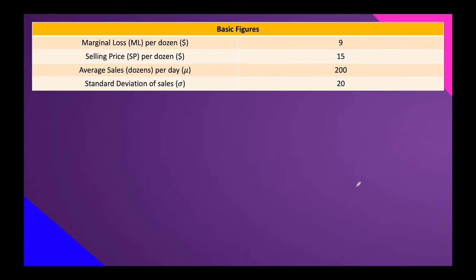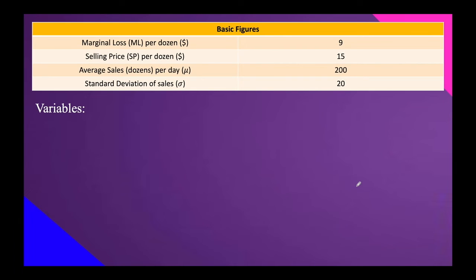Next, we have the standard deviation of the sales represented by the symbol sigma, small sigma. The big sigma kasi is yung parang letter E, no? So, again, sigma, this is the population standard deviation. Kapag sample standard deviation yan, that is letter S. No? And the value is 20. All these values, 9, 15, 200, 20, are given from our problem.